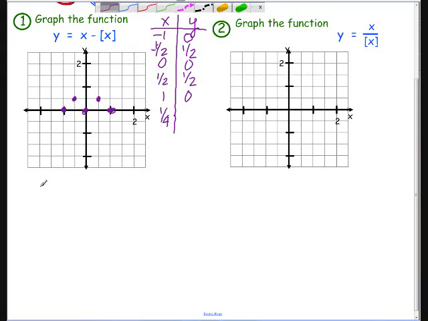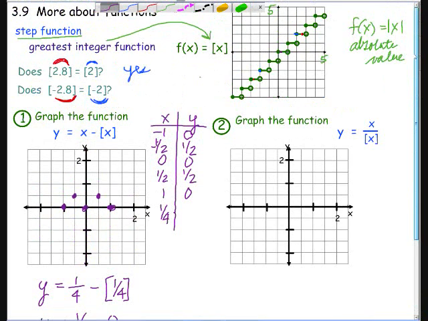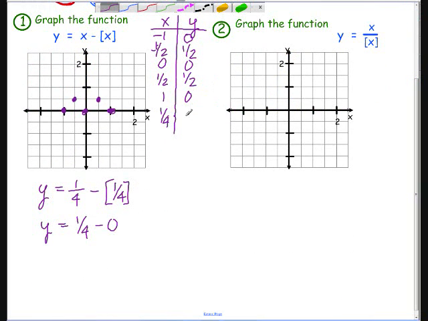Okay, so when x is 1/4 and we subtract the greatest integer associated with 1/4, 1/4 minus 0. Is that right? Yes. So y is 1/4. It's right here.